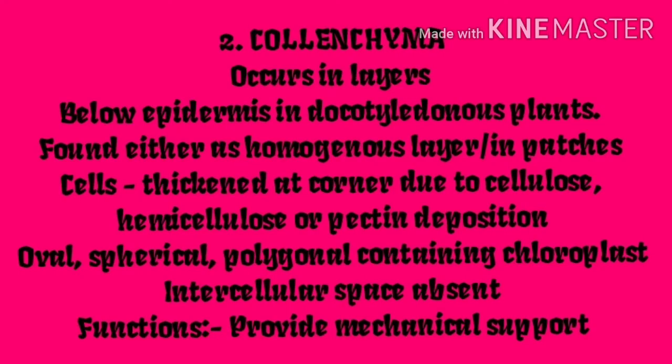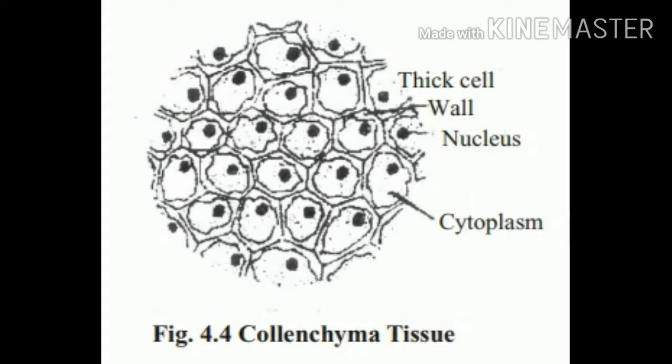Then, the collenchyma occurs in layers below the epidermis in most dicotyledonous plants. It is either found as a homogeneous layer or in patches. It consists of cells which are thickened at the corners due to the deposition of cellulose, hemicellulose, and pectin.